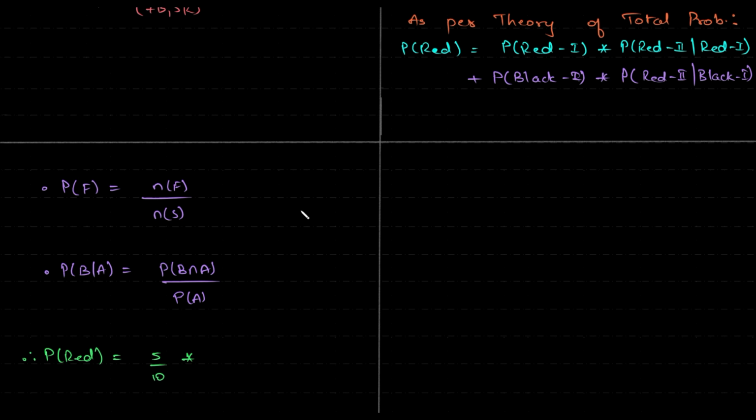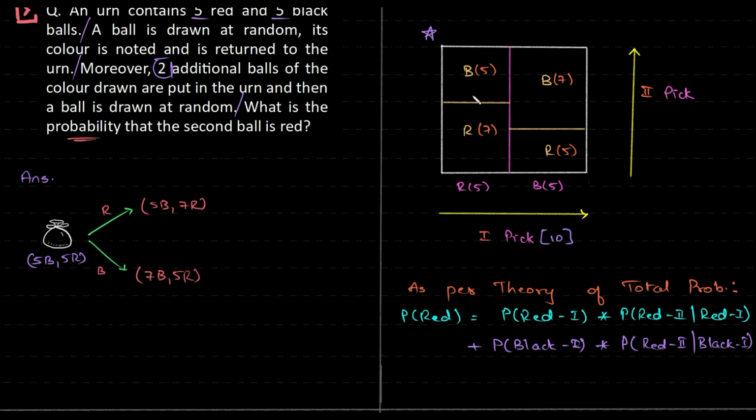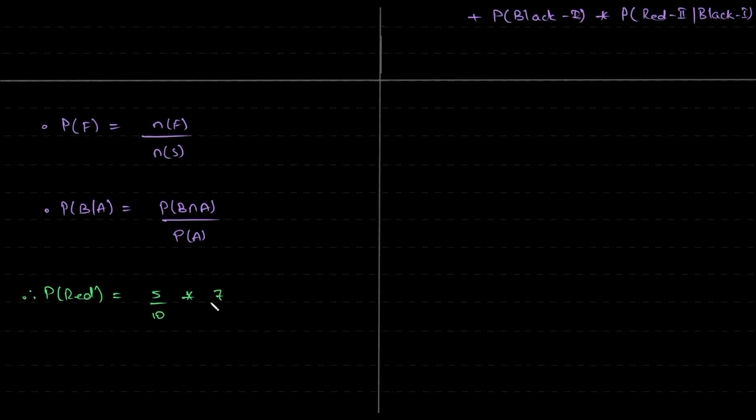And this particular thing, intersection, so let's see the intersection. Us getting a red, so in this entire space, we have the red. So this is 7 by how much? Total 12. 7 by 12. You can use this also, remember: n of B intersect A divided by n of A. I'm using that directly.